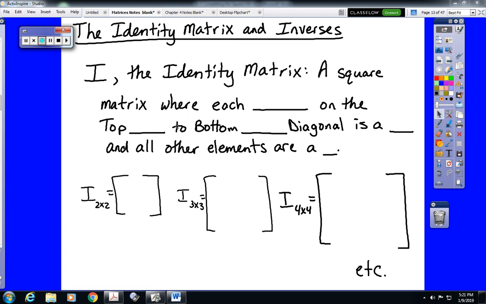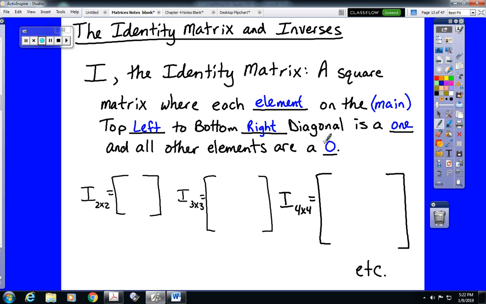So I, the identity matrix, which can be any size but has to be square, is a square matrix where each element on what is called the main diagonal, which is from the top left to bottom right corner, is a 1. Every single element on that diagonal is a 1. All other elements in the entire matrix are zeros.